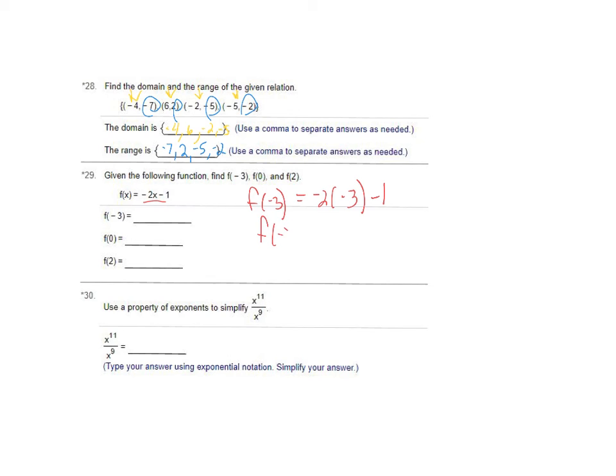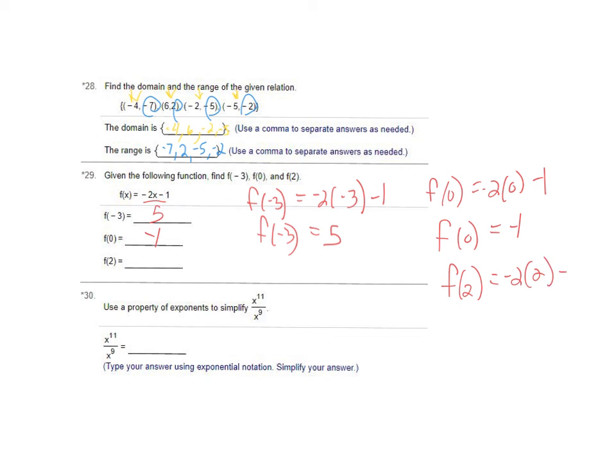Doing the arithmetic, that's going to be a positive 6 minus 1, which gives me a 5. f of 0 is going to equal -2 times 0 minus 1, which means f of 0 will equal -1. f of 2 will equal -2 times 2 minus 1, so we multiply and then subtract, and that's going to give me a -5.